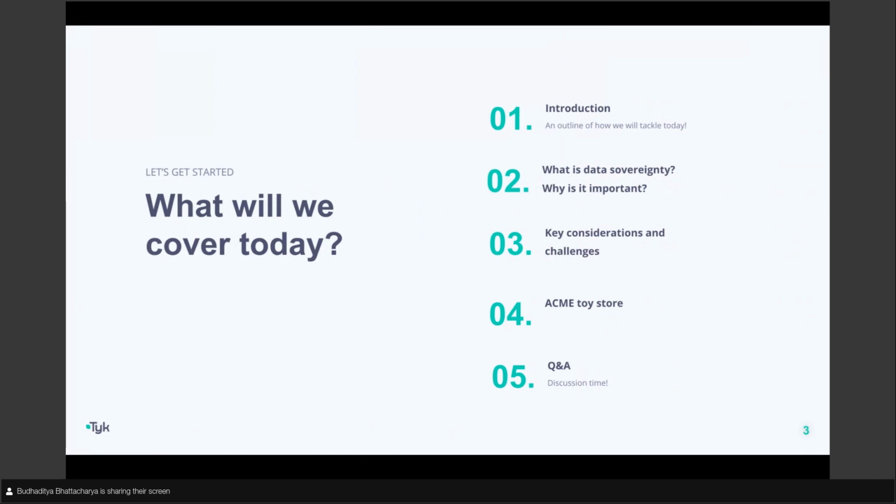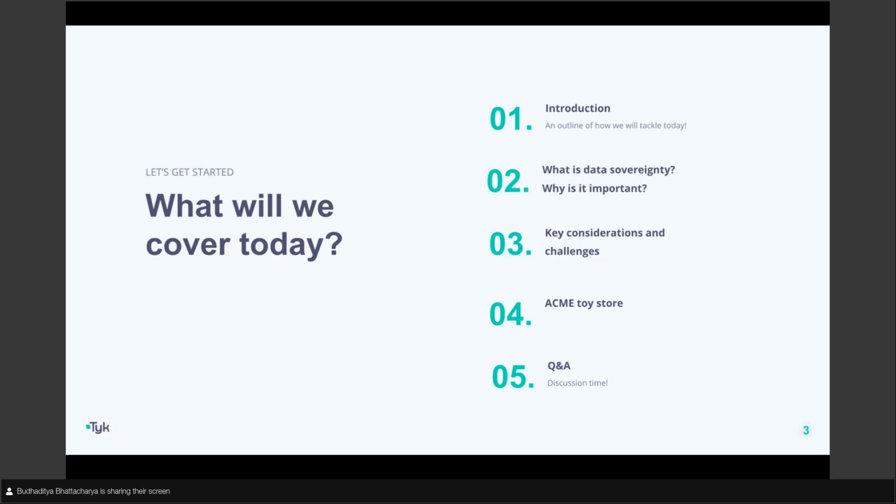What we'll be covering today, like I said, we've already gone through the introduction part. We'll then be looking at what data sovereignty is and why it is important, followed by some of the key considerations and challenges that come with data sovereignty.